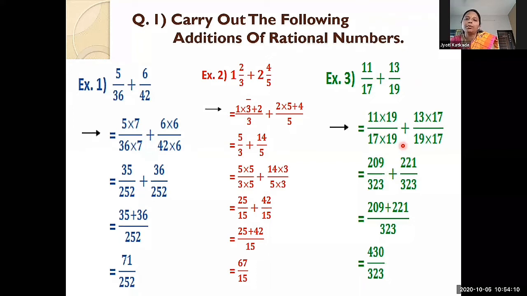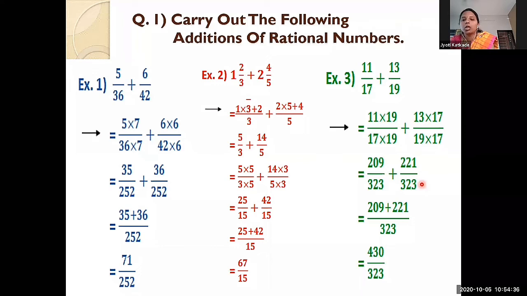When we multiply 11 by 19, we get 209 divided by the LCM, 323. Plus, when we multiply 13 by 17, we get 221 divided by the LCM, 323.